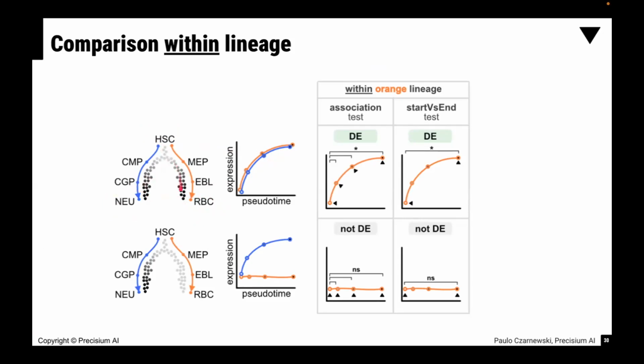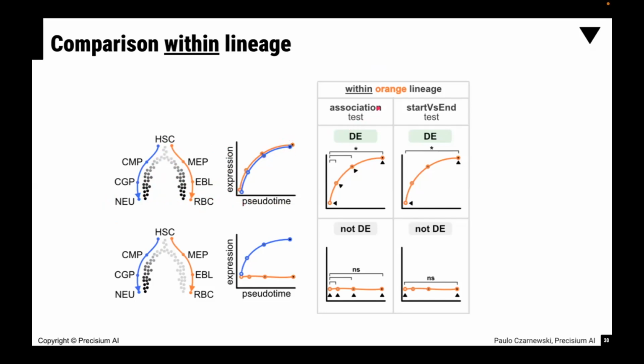Imagine this gene here that is being upregulated at the end of the trajectory, as you can also plot as expression versus pseudotime. The pseudotime is the distance between these cells and the hematopoietic stem cells. And here I'm just highlighting the clusters so you have a visual guideline of where they are.